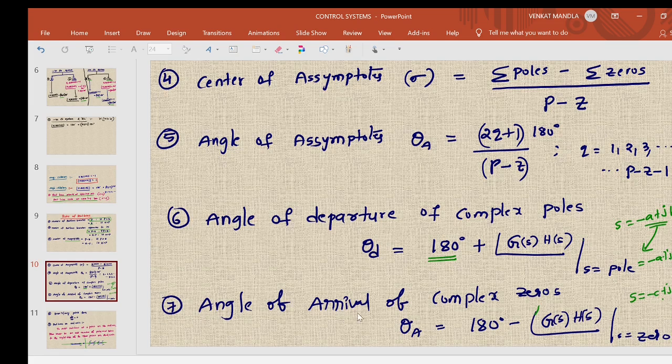Similarly, angle of arrival theta A for complex zeros equals 180 minus the angle of G(s)H(s) at that s equal to zero. If that s is equal to minus c plus jd, you have to replace s with minus c plus jd in the angle of G(s)H(s). This 180 came because of the angle criterion, that is odd multiples of 180 degrees.